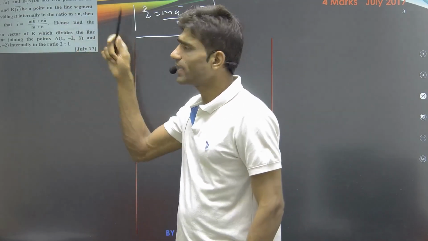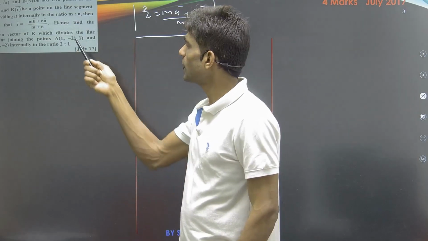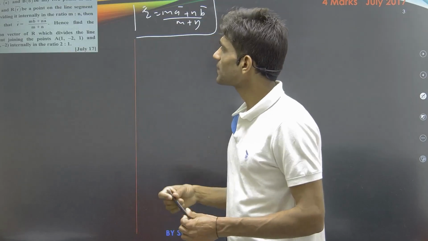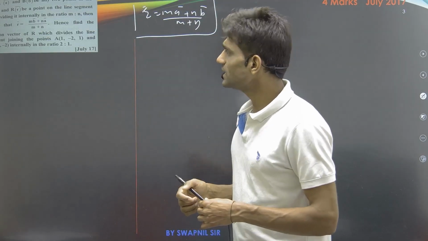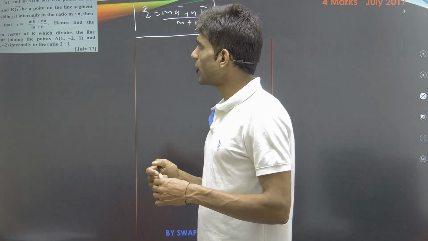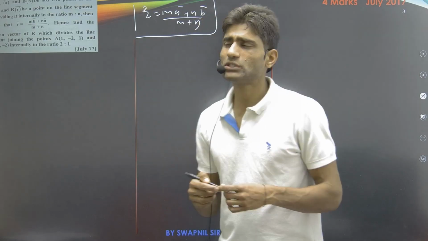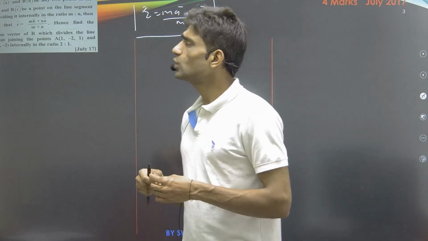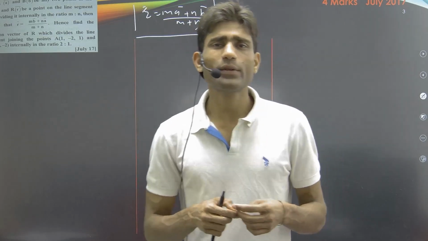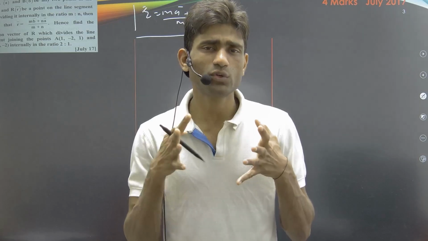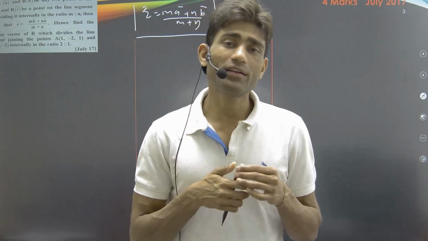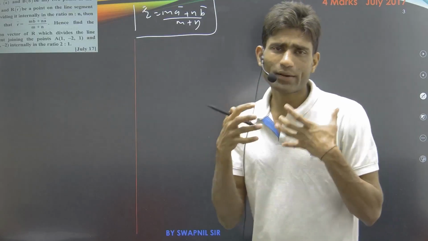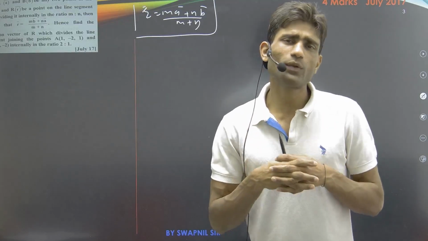The attached question on the section formula says: find the position vector r bar of the point R which divides the line segment joining points A(1, -2, 1) and B(1, 4, -2) in the ratio 2 to 1 internally. First I explain the section formula for internal division.